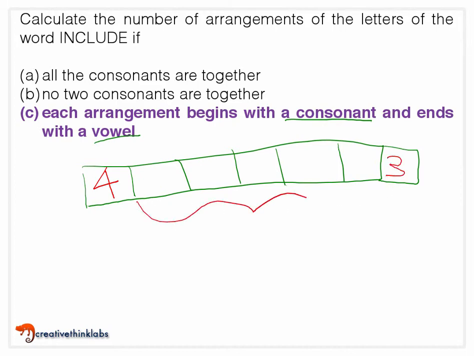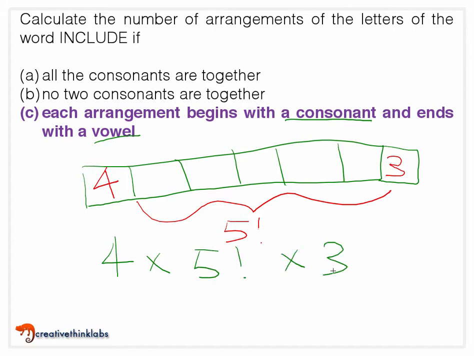Now I am left with 5 boxes here, which I can rearrange in 5 factorial ways with the remaining letters after meeting the conditions that are required. So to answer this question, it's pretty straightforward again, which is 4 times 5 factorial times 3. So this will give you an answer of 1440. So we have completed this question.